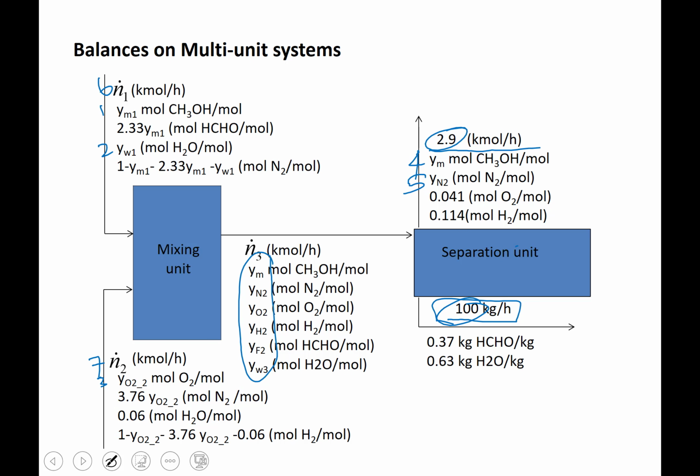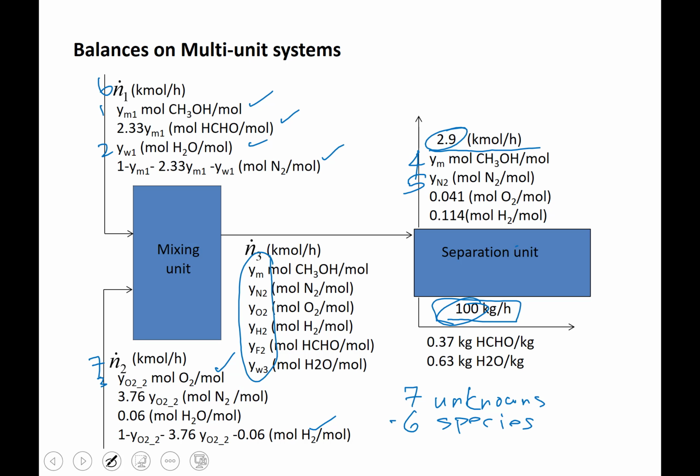Now let's count up the species. In our degree of freedom analysis, we have 7 unknowns, and you should write down what they are. And how many species do we have? We have 1, 2, 3, 4, 5, 6 species, so we have minus 6 species.